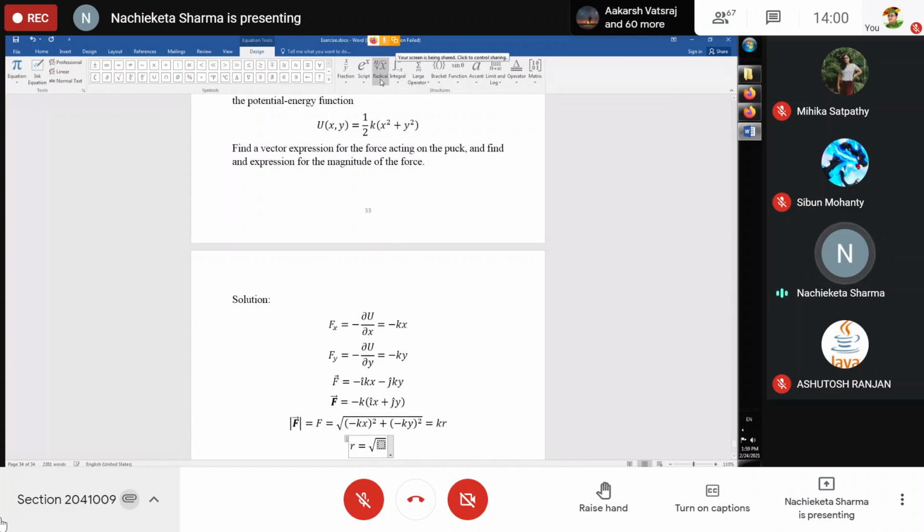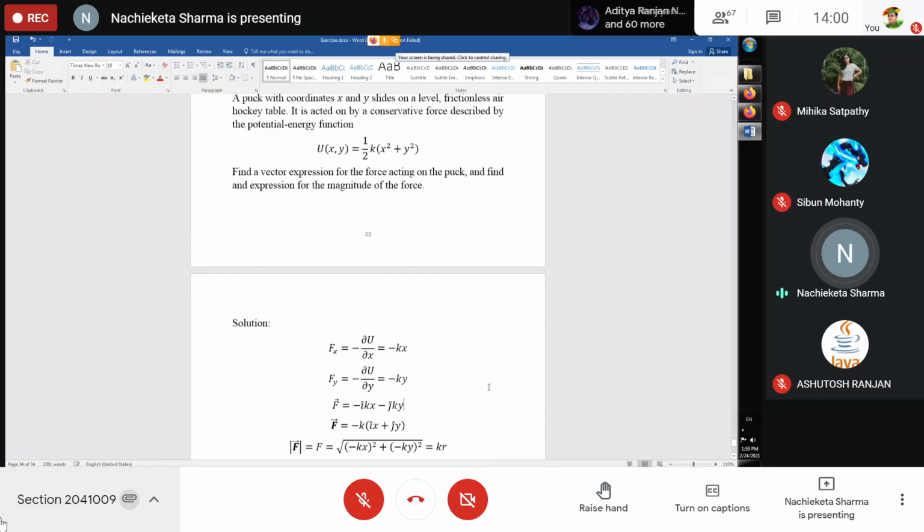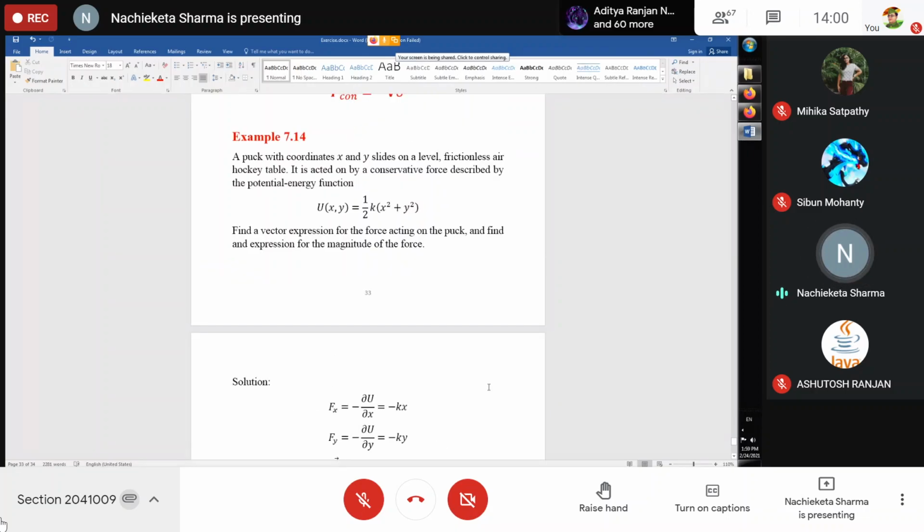So this is how you can find out the magnitude of the force also from the given potential energy function.